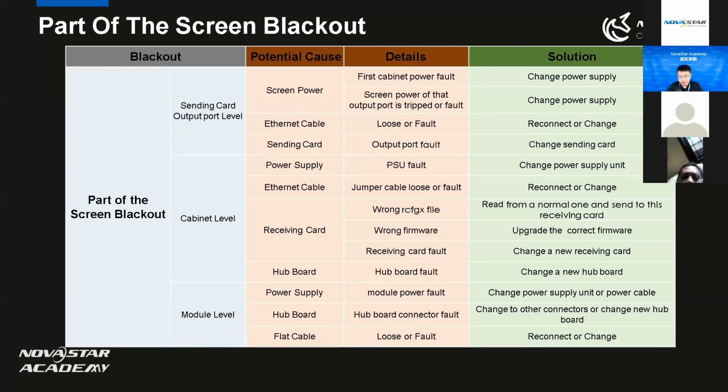And for the receiving card, we have three factors: the RCFGX file and firmware, and the receiving card hardware. So for the RCFGX file and the firmware, you can try to reload, but for the receiving card hardware, you may need to change a new one to see if the old one is bad or broken.